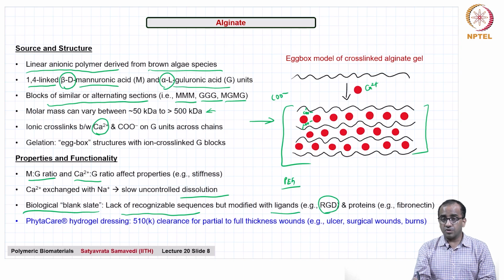Now, this should recall something that we have seen in a previous lecture for single letter codes for amino acids. So, you can go back and check what R, G and D mean. Or functionalization with proteins such as fibronectin, which in turn cells can recognize and attach.